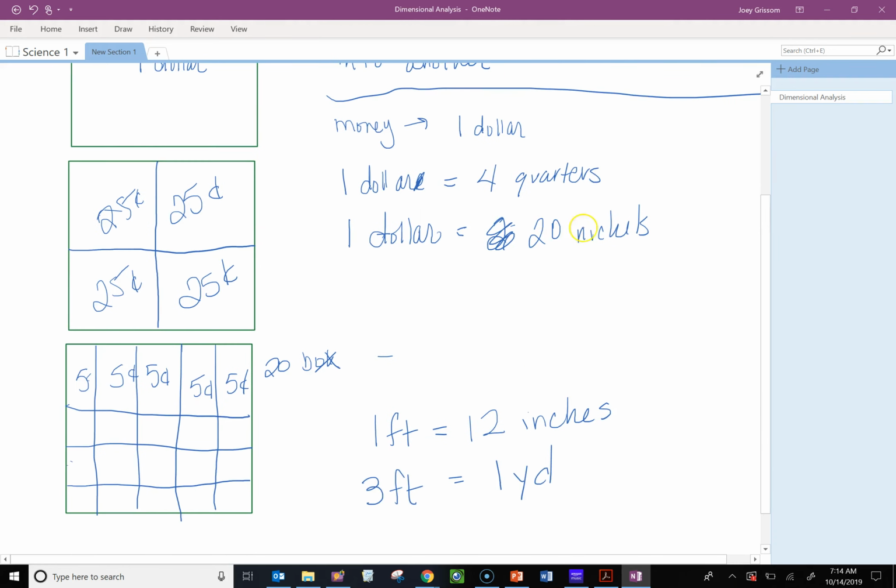Okay, so with these, what we've made are equivalent relationships, right? These are the same value. $1 equals 4 quarters. There's a reason why we use an equal sign. It's because they're the same. Okay, so in these things, what we have created in our different examples is conversion factors. Okay, this is essentially a 1-to-1 ratio that we multiply our values by.